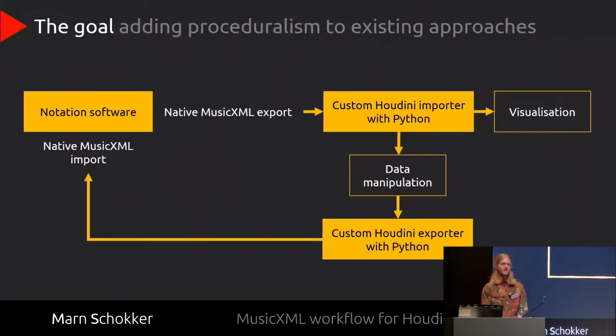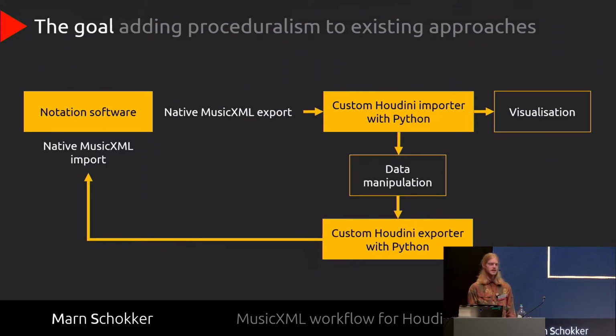This is the workflow I had in mind while creating my toolset. The start of all data is an exported file from your music notation software, like Finale or MuseScore. I chose MusicXML because it's an open standard used by many different packages, and it's easy to parse because it's based on XML. It also contains a lot more data than MIDI, which will be interesting when we get to the visualization later.